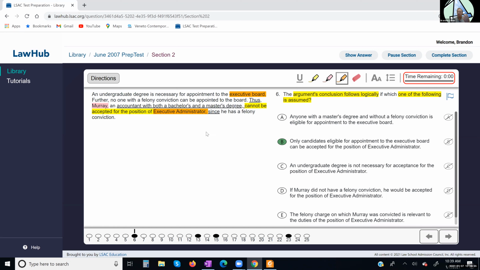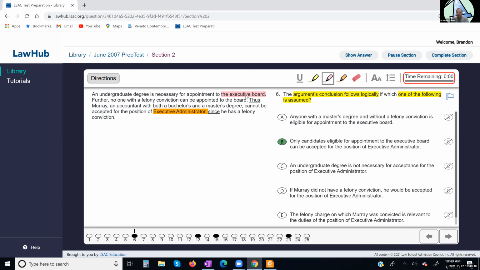And we need an answer that connects that. If you don't have an answer that connects something from the evidence to executive administrator, you have a problem. So I'm going to color code a little differently here. Getting rid of everything here, our jump, so that we have two different colors, is from pink to orange.